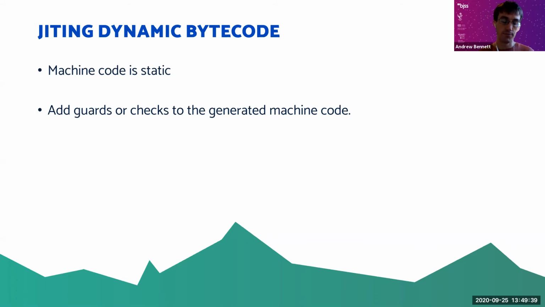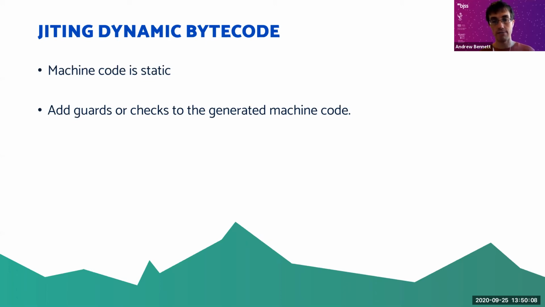So how are we going to JIT a dynamic program to machine code? Well, what we do is interpret the bytecode for our dynamic language, and then we look for calls to a function which are of a particular type. Let's say we have the output function, which has always been called with integer values. Then we tell the JIT to take the output function and specialize it to only work with integers.